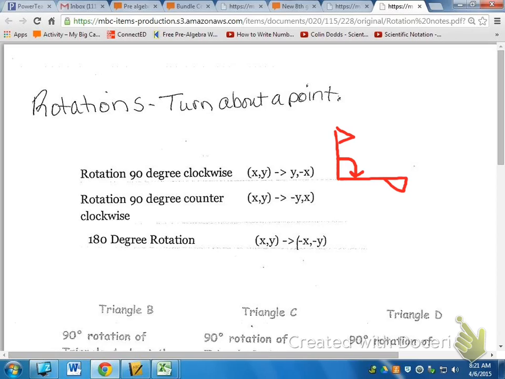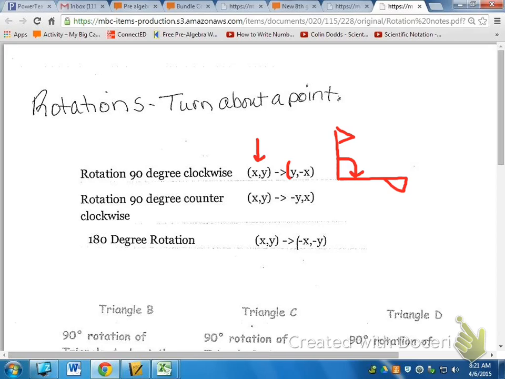So that's a 90 degrees clockwise rotation. Here's what's going to happen to the ordered pairs, and that's how you're going to get this figured out. If your original is (x, y), whatever the ordered pair is, for a rotation of 90 degrees clockwise, you switch them around, (y, x), and you make the x its opposite. Okay, so you make the x its opposite.